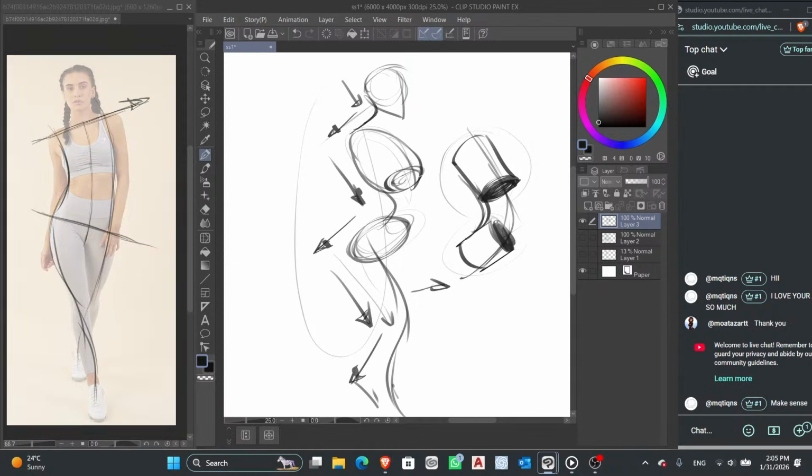If we treat it as curved shapes or an egg shape, it's going to be shown like this. That's how we see the rib cage, and the pelvis is going to be shown like this.